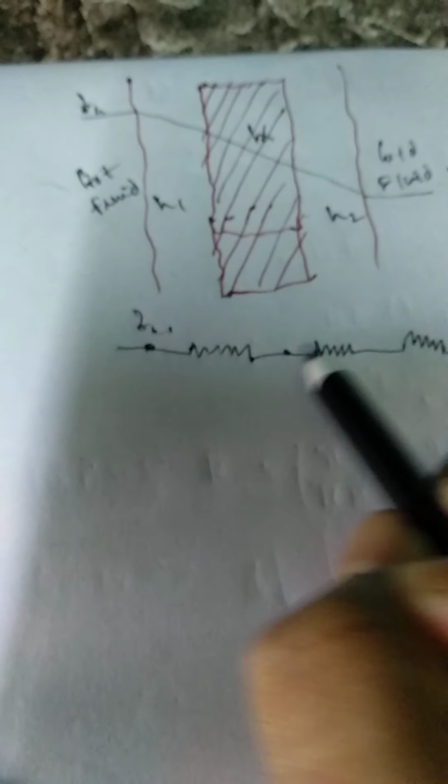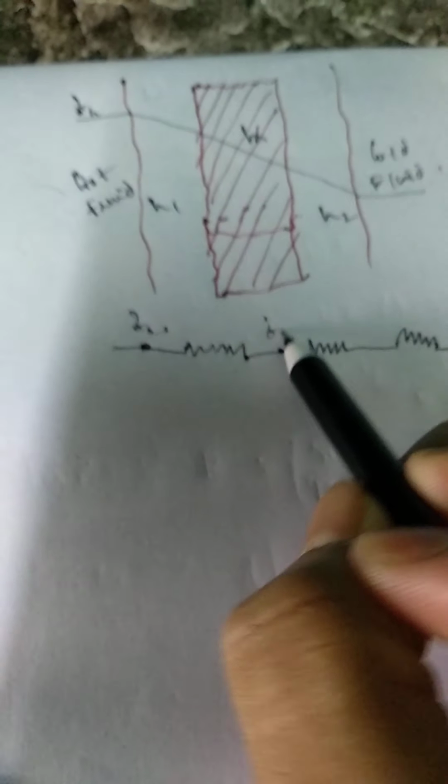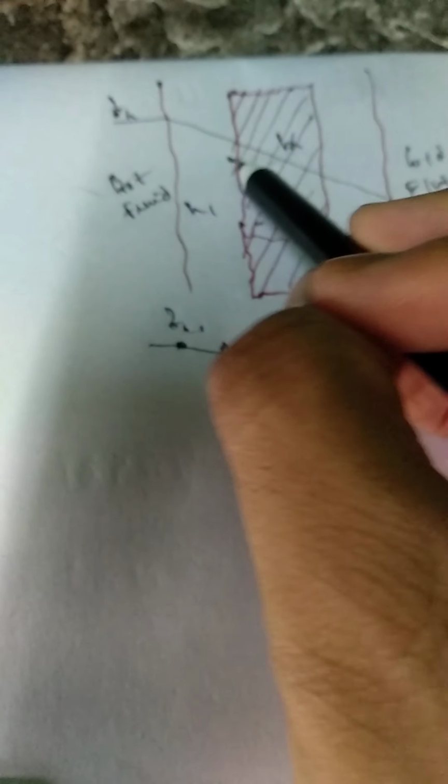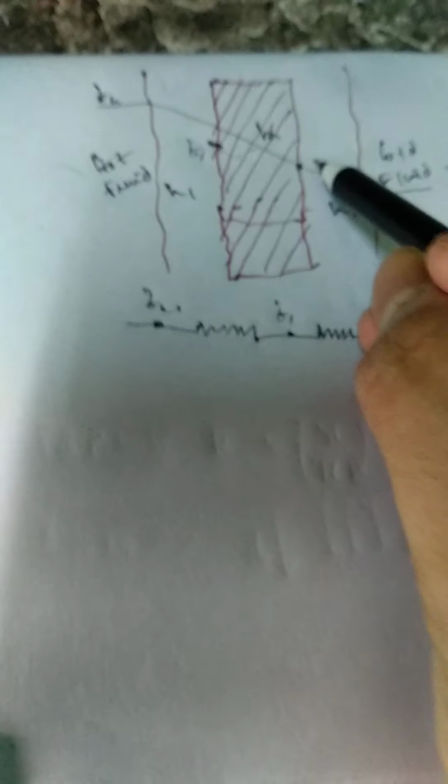This will be TH, the hot fluid. This will be T1 at the entry of this wall. Here it will be T1, here it will be T2, and here that will be cold fluid, TC.